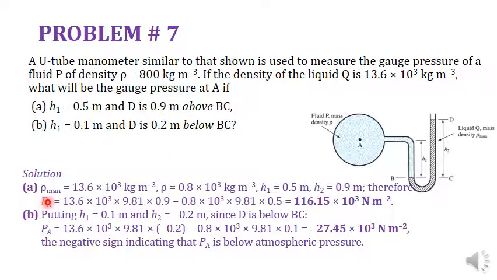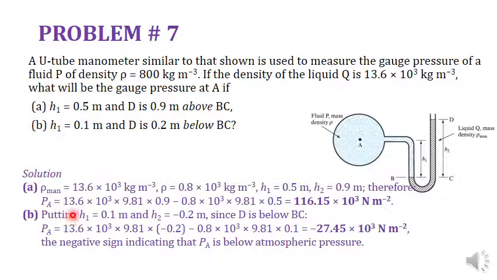For part A, the density of the manometric fluid is given in the problem statement. The density of the fluid for which the pressure intensity is needed is also given in the problem statement. H1 is given and H2 is given, and it is positive, that is, above the cross section BC.